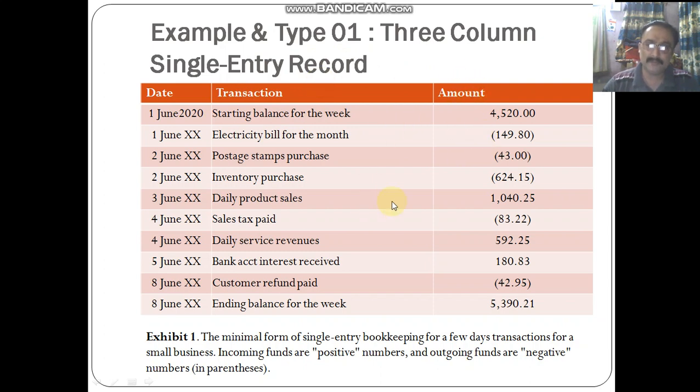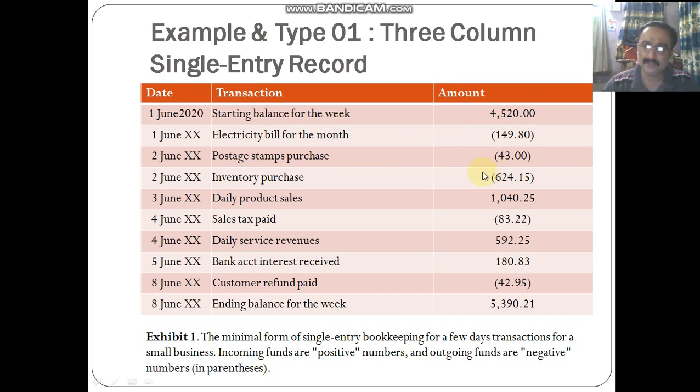Now its major part is this column, which I mentioned in my earlier definition: the opening balance of our cash in the books of account, mentioned over here as 4,520 rupees, from which we subtract expenses.